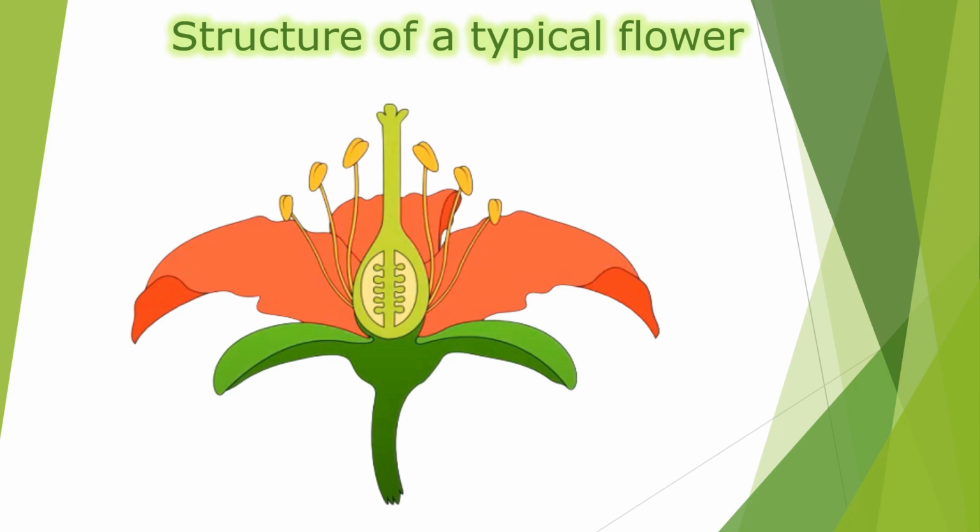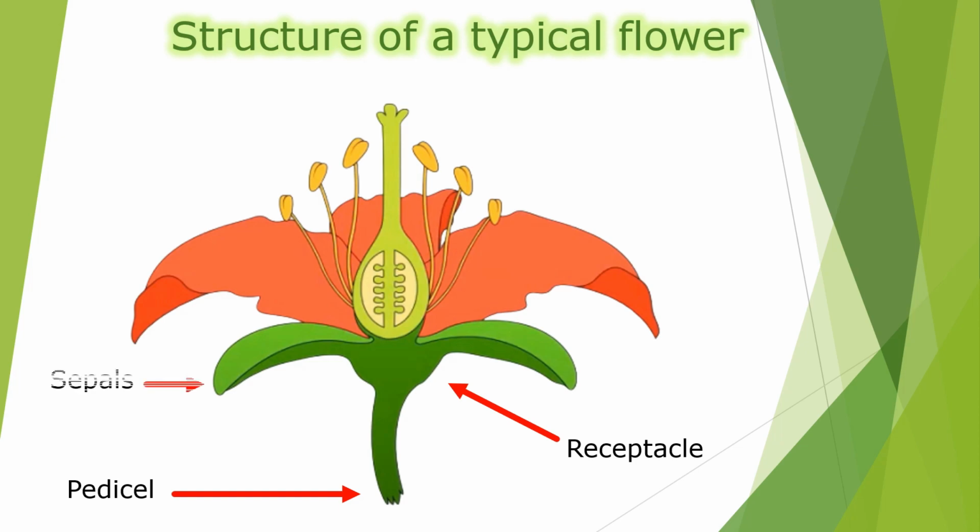Recall from the structure of a flower, a typical flower has a green stalk at its base which connects the flower to the plant. This is called pedicel, which is green in color. The next part of the flower is the receptacle, which is at the base of the flower.